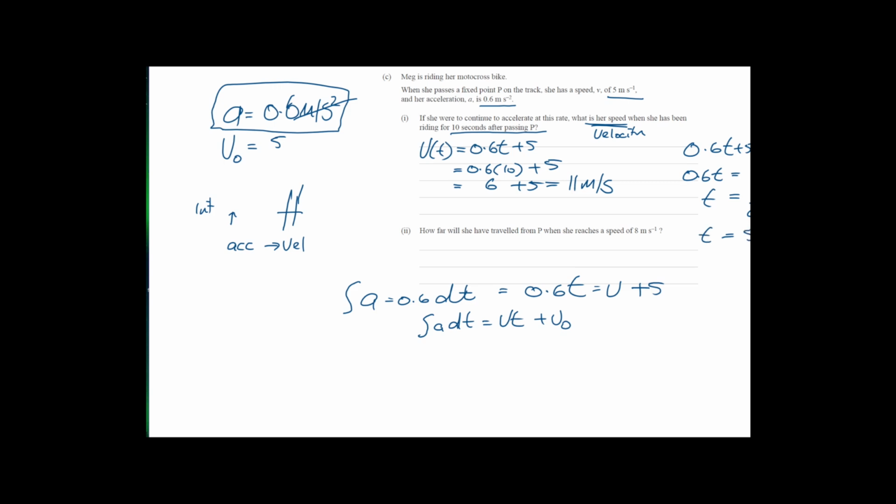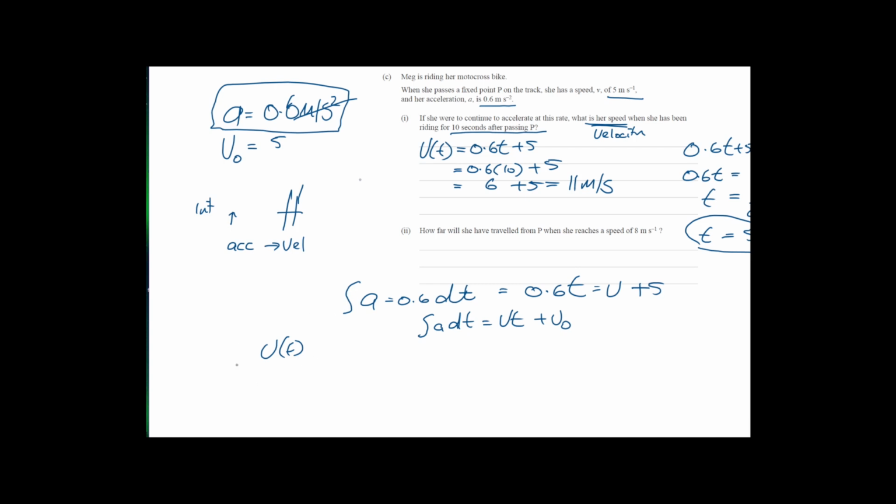Okay, how far will she have traveled? Well, she has traveled nowhere at time 0. So after 5 seconds, we've got velocity with respect to time.